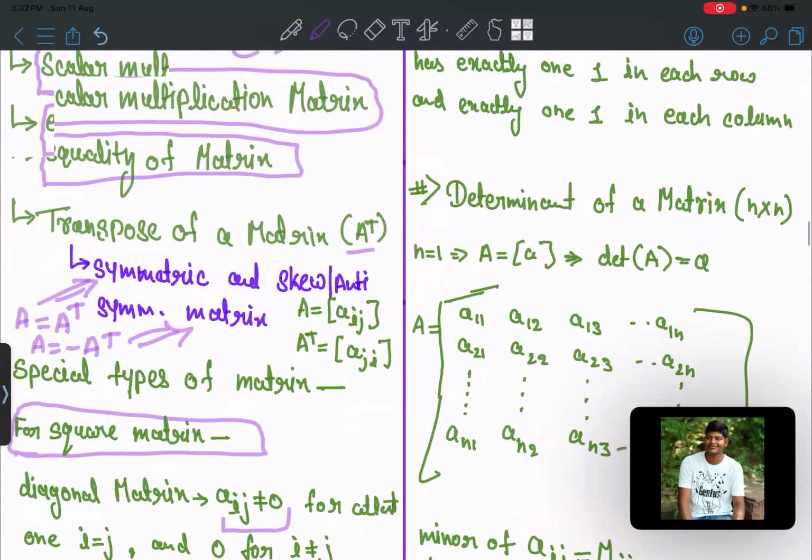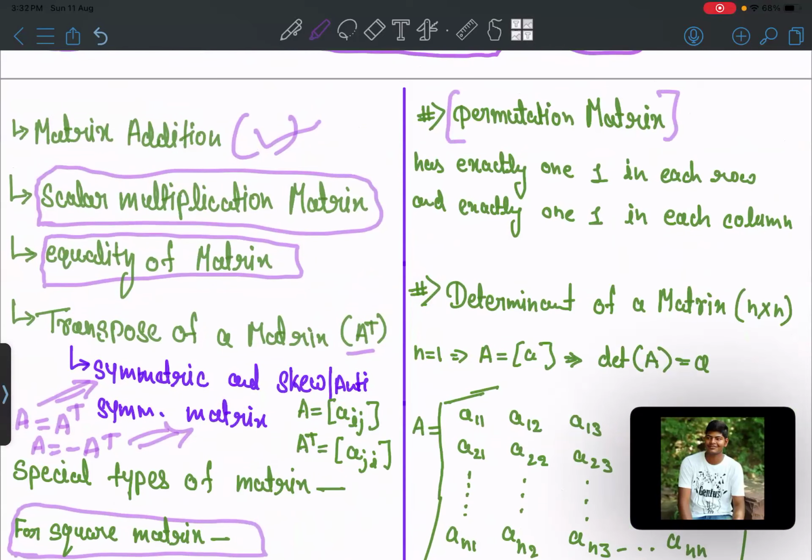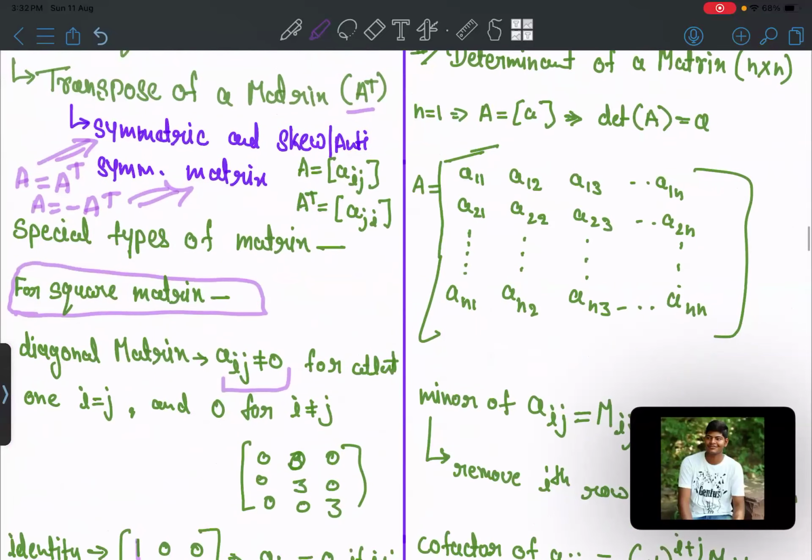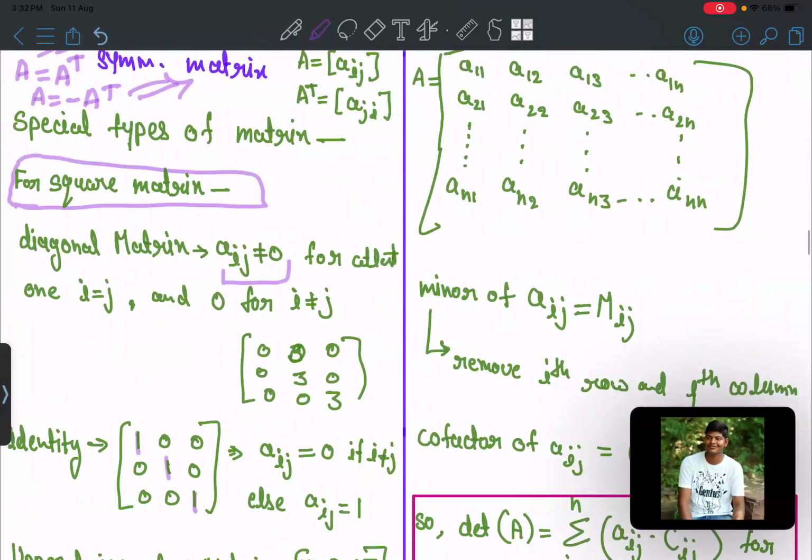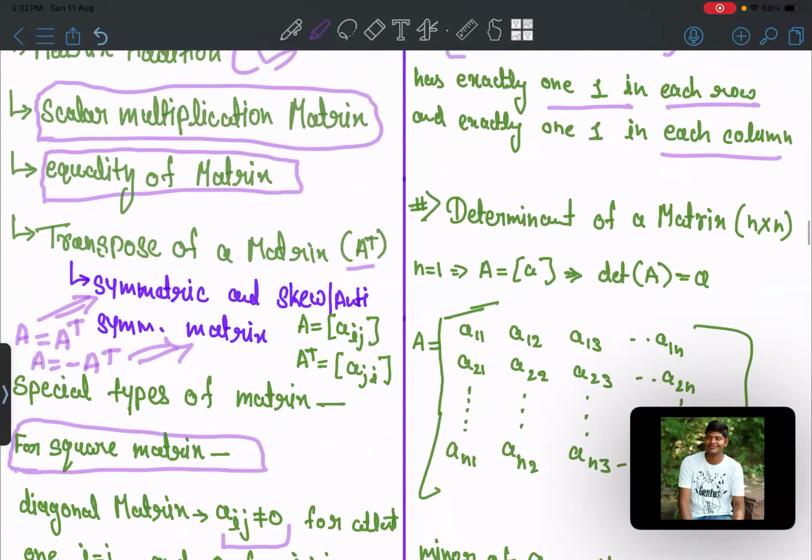Then what is a permutation matrix? A permutation matrix has exactly one 1 in each row and each column. So the identity matrix is a type of permutation matrix.